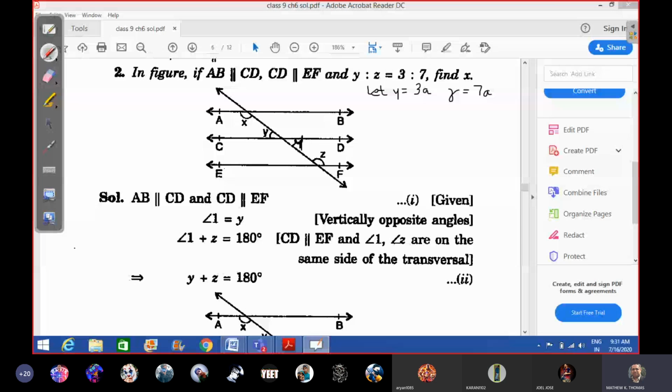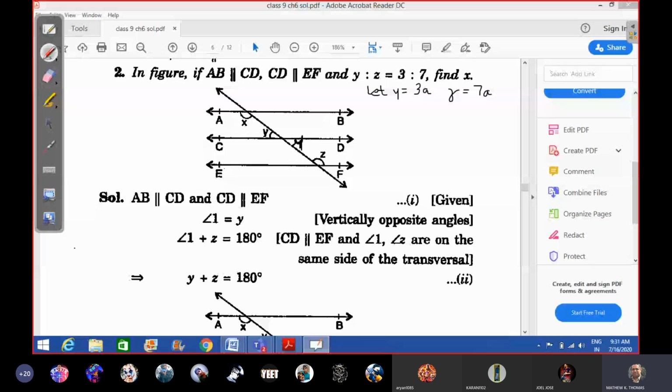Two lines parallel to the same line are parallel to each other. CD is common in this.